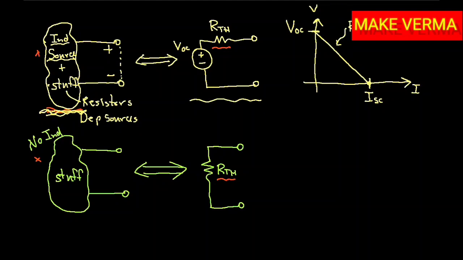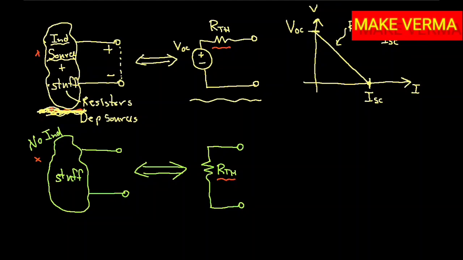And so one way to get the Thevenin resistance is to find the short circuit current and the open circuit voltage and take the ratio of the two. This is the way you usually see it done. Another way to do it would be to set all of the sources inside this blob of stuff equal to 0, actually all of the independent sources, and then just find an equivalent resistance.